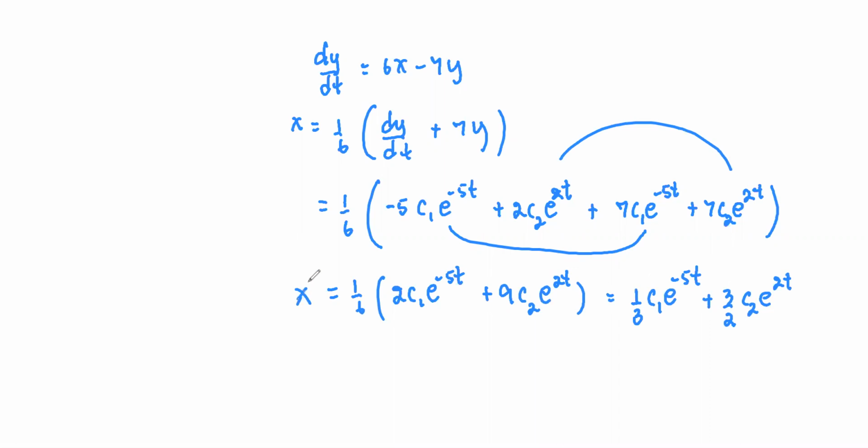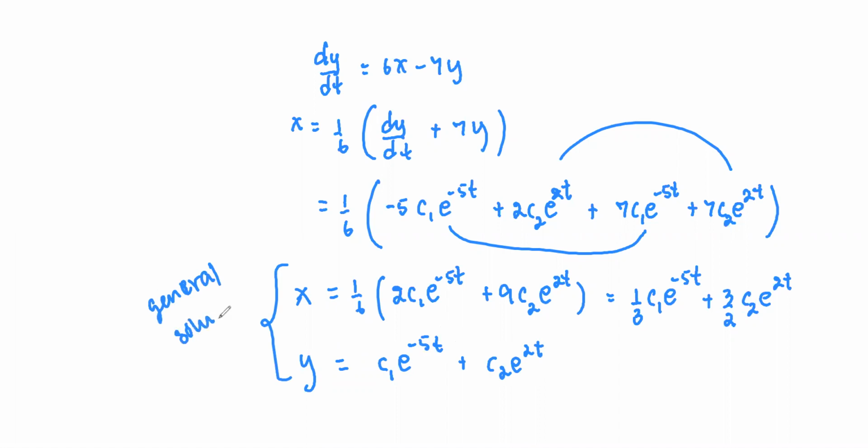Now we have x as 1/3 c1 e to the negative 5t plus 3/2 c2 e to the 2t, and y as c1 e to the negative 5t plus c2 e to the 2t. So this is the general solution, x and y as functions of t, for this system of differential equations.